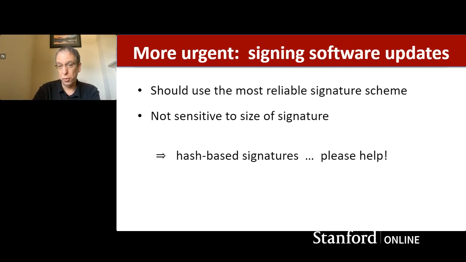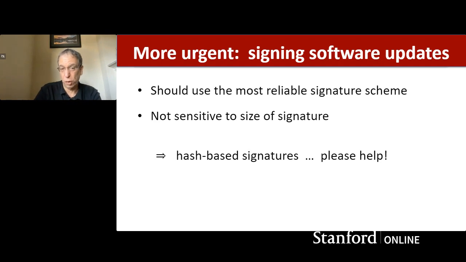Yeah, so this is a bit of a call to arms. I hope some of you actually have a say in how industry signs software updates. And I think it's quite important in the short term to move from the existing digital signature schemes that are being used for software updates to these hash-based signatures. As far as we can tell, these are the strongest signature schemes that we have. They're a little bit long, but it doesn't matter in this context.